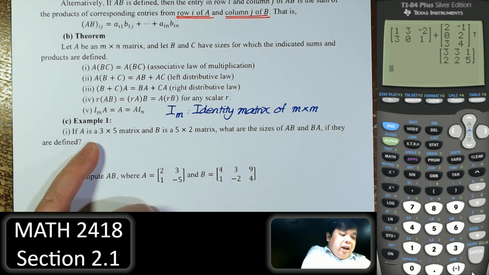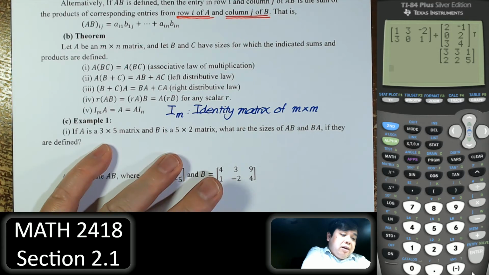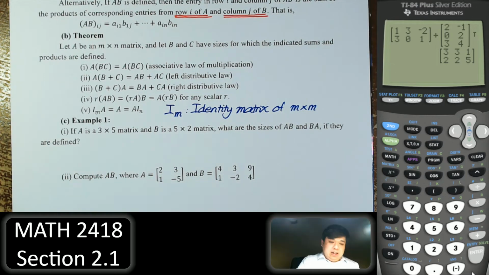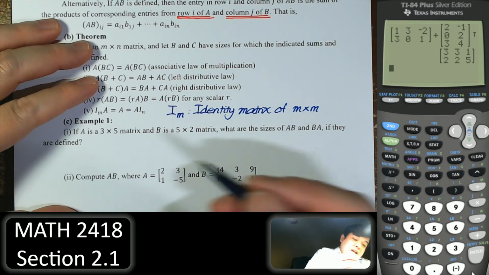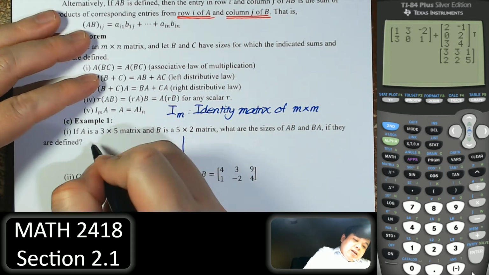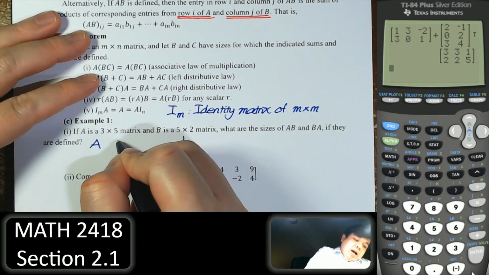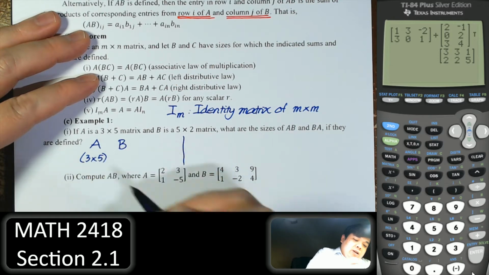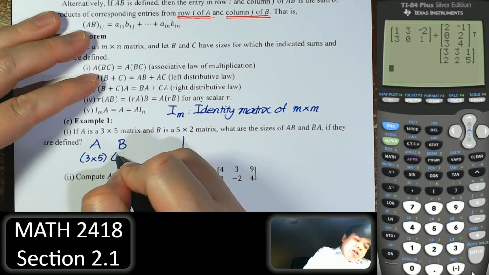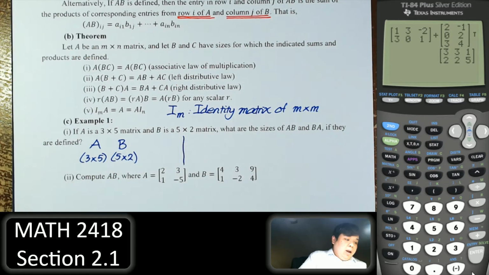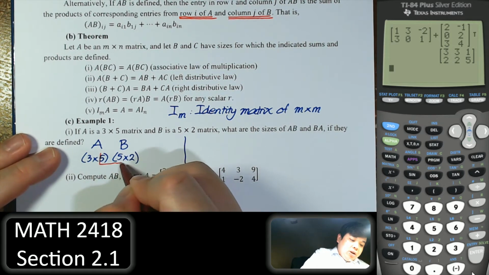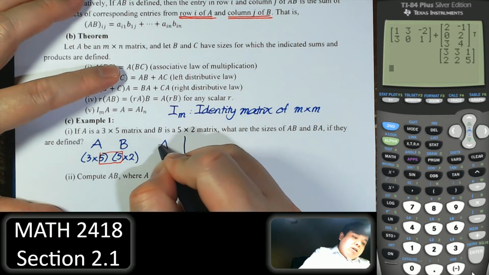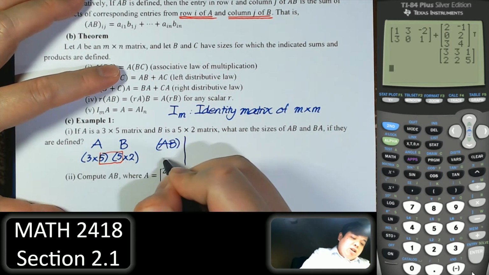Next, if A is a 3 by 5 matrix and B is a 5 by 2, what are the sizes of AB and BA, if they are defined? So let's just do each of them. We do A times B. A is a 3 by 5 and B is a 5 by 2. Middle numbers do match. So the outside numbers 3 and 2 give the dimension of the product. Dimension is going to be 3 by 2.